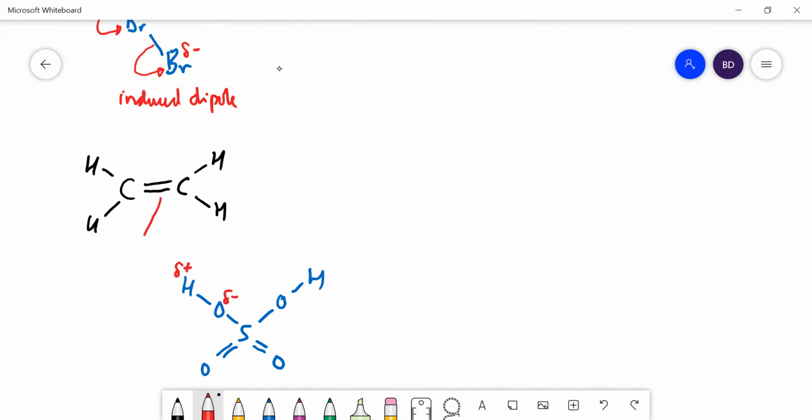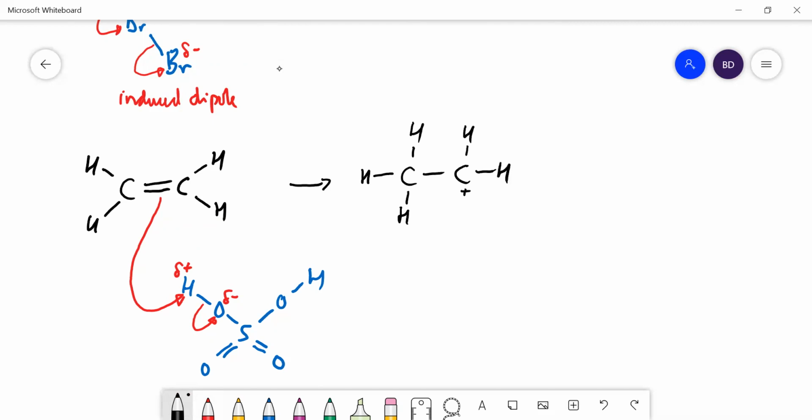The mechanism at first, that goes onto there, the pi bond breaks, and the bond between the hydrogen and the oxygen breaks. The oxygen gets both electrons, so you're going to end up with a carbocation intermediate. It's exactly as you did with HBr, and you end up with this hydrogen sulfate negative ion.